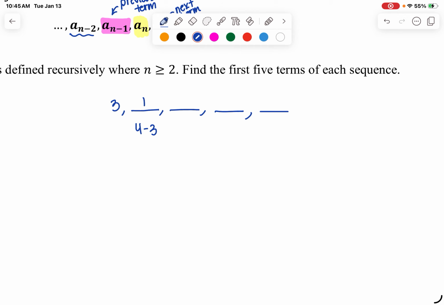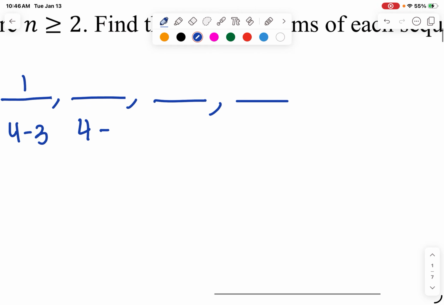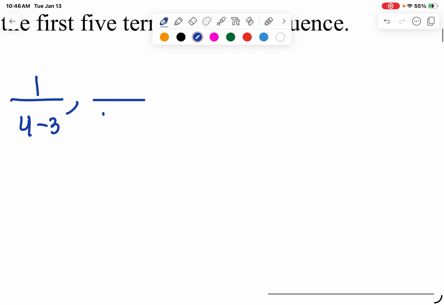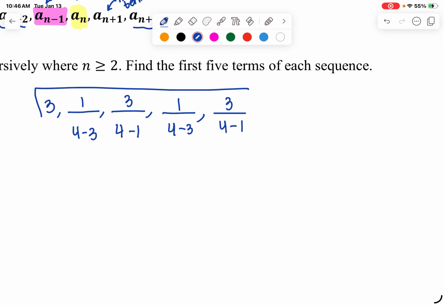If I want the next one, it's 4 minus the previous term, that's the rule. The previous term is 1, and I get 3. It's 4 minus the previous term, which is 3, so I get 1. It's 4 minus the previous term, which is 1, so I get 3. So there's my first 5 terms.